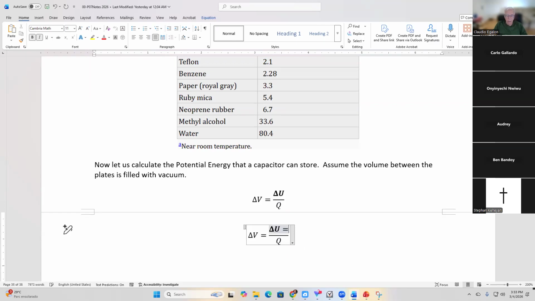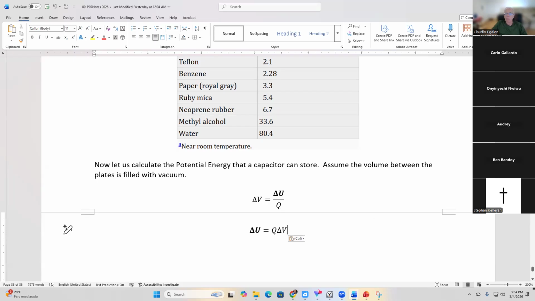All right, here we go: delta V times Q. I'm going to put Q in front. I copy and paste.